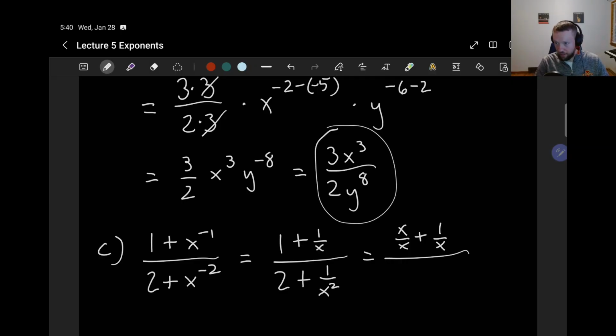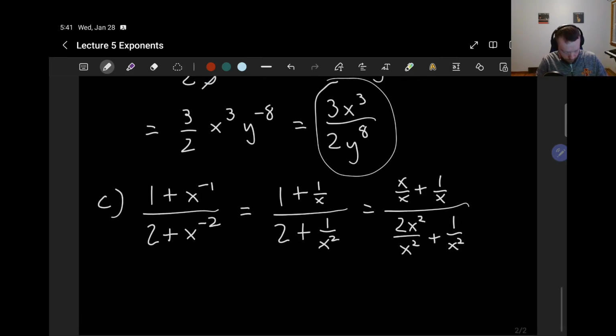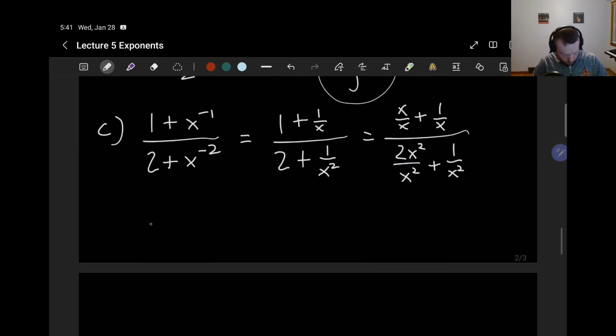And now we have that common denominator of x. 2 can be rewritten as 2x squared over x squared, which means I now have the same denominator as this one. Now I can combine those. I now have a single fraction over a single fraction.